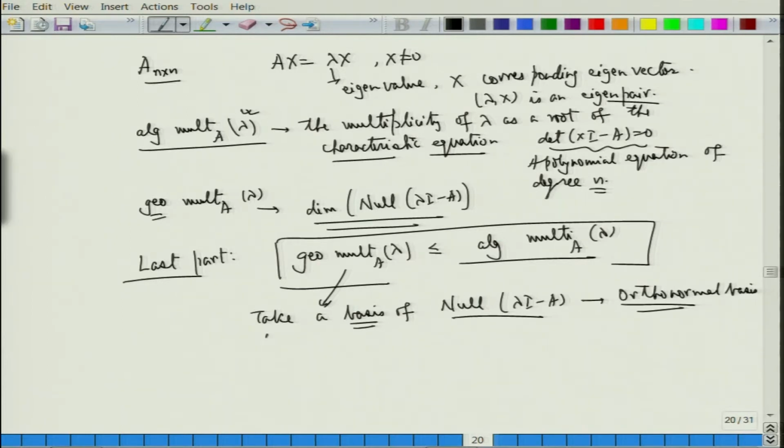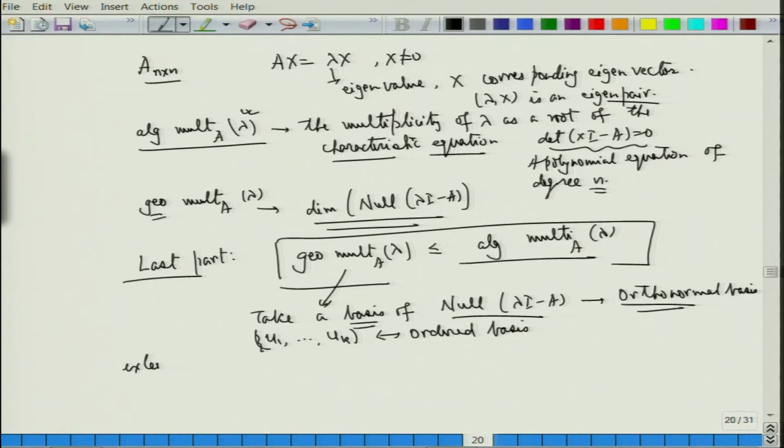So take a basis u1 to uk of this, we can make it an ordered basis. So there is a bracket that comes into play here, that we have an ordered basis, fine.